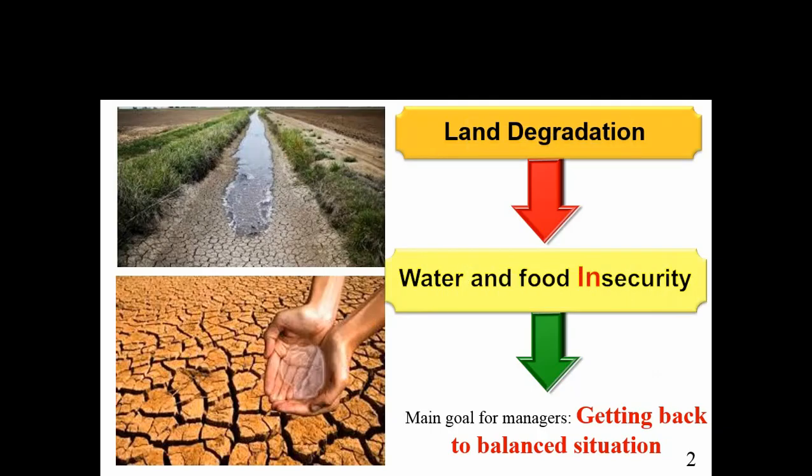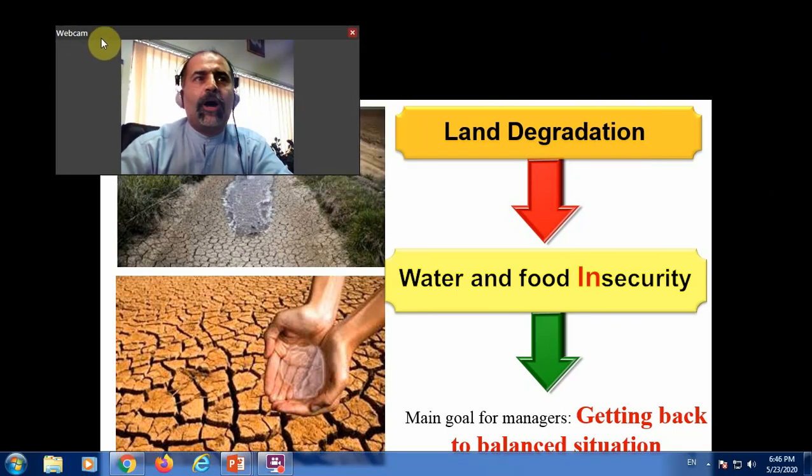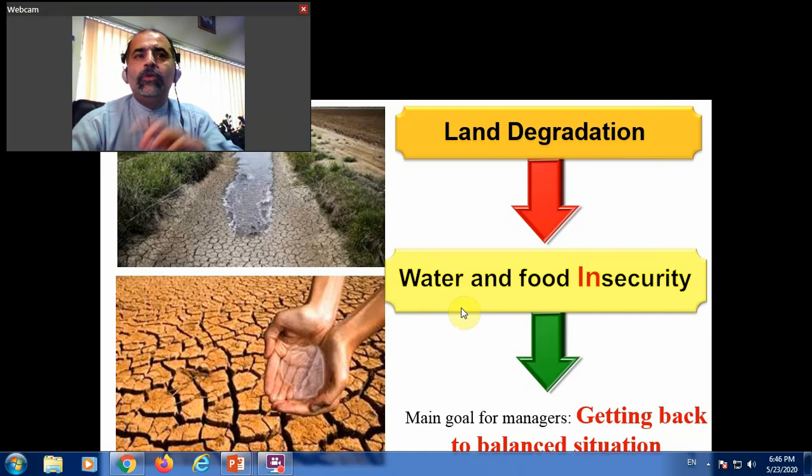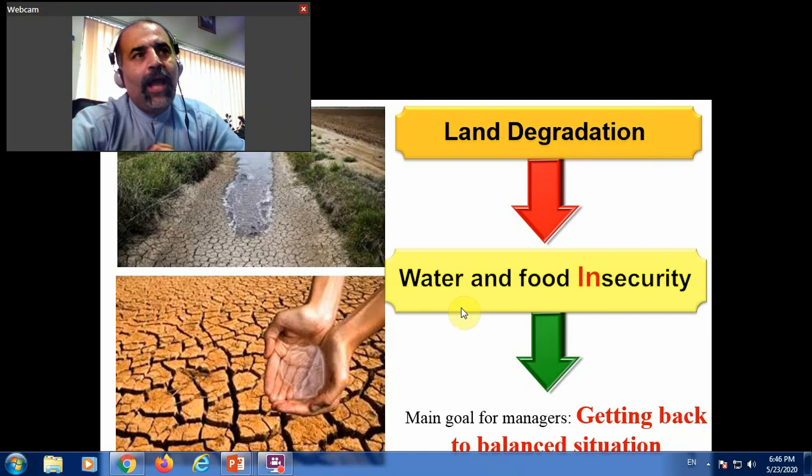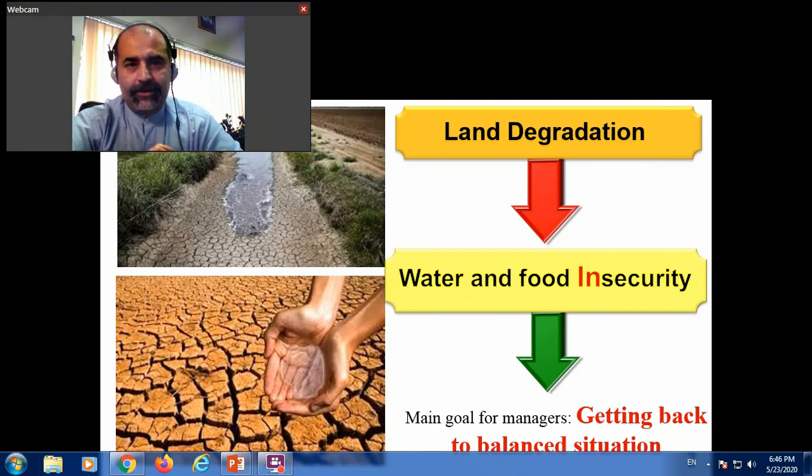So we have to think about this issue posing a threat to the entire globe, that is land degradation. Land degradation causes many different types of issues, and mainly it has affected water and food, and it causes insecurity in water and food supply for human beings.